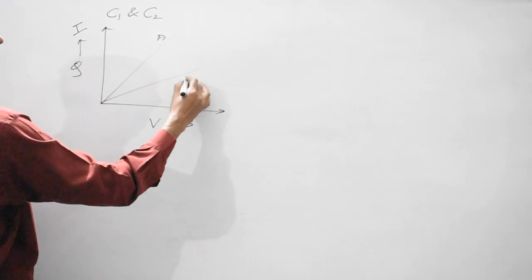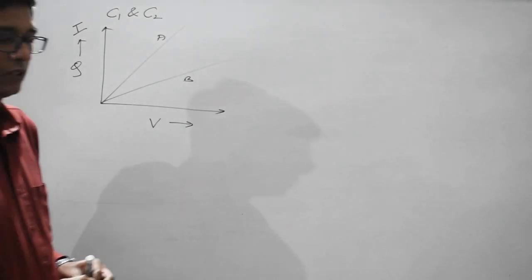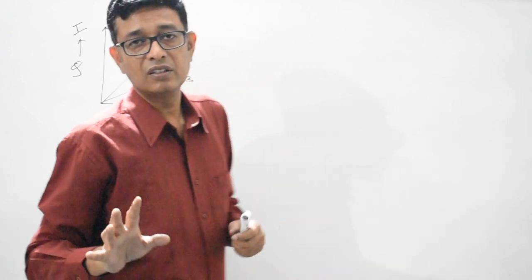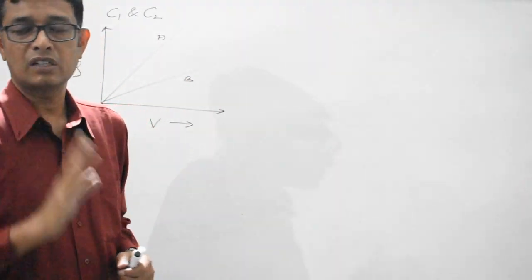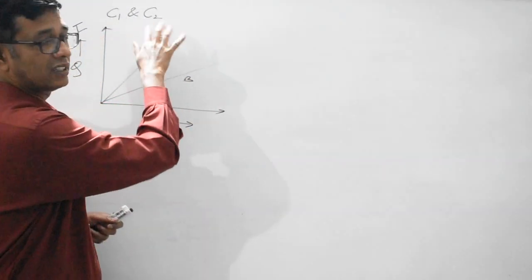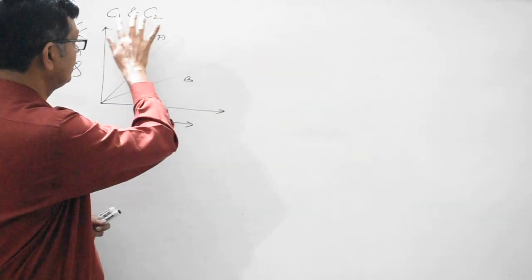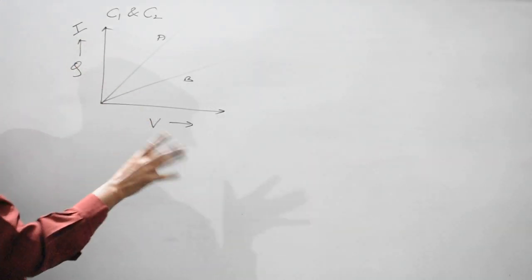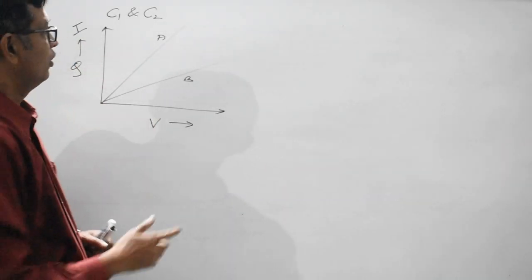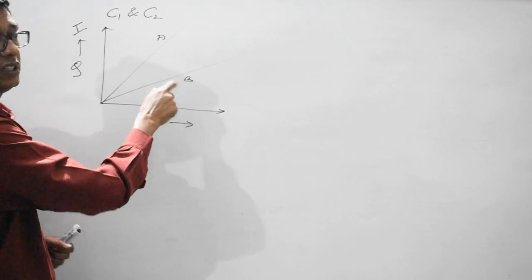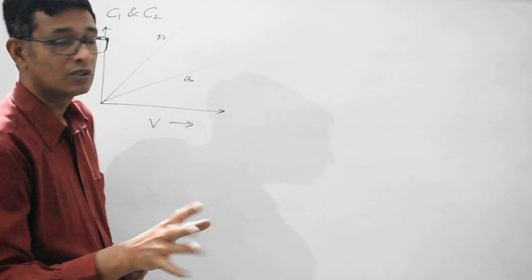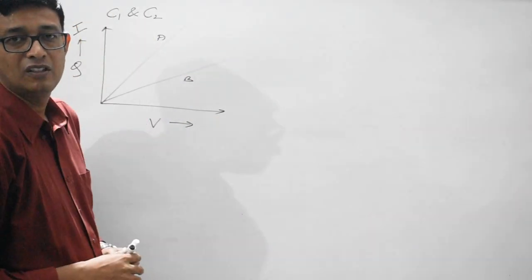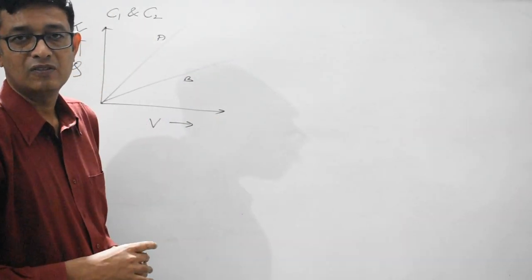This is, suppose, A and this is B. Again I am repeating the question: two capacitors of capacitances C1 and C2 are connected in series and then in parallel, and a QV graph is plotted in both cases. Which one of these two, A or B, represents the series grouping and which the parallel grouping? That you need to tell.